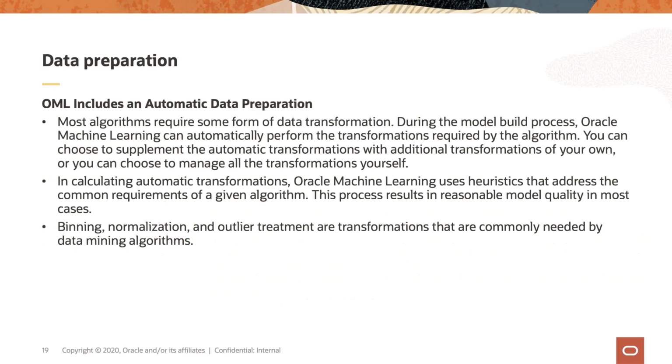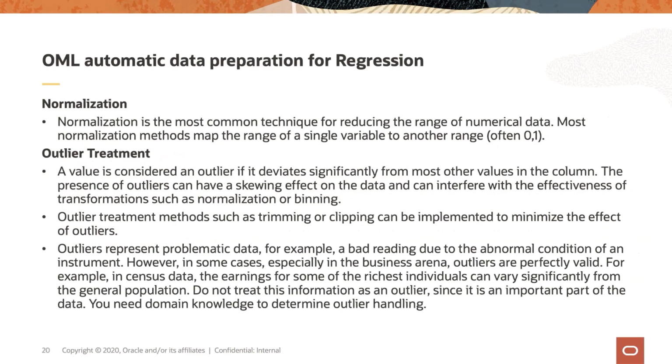And in particular for regression, what we're going to do is normalization. We're going to normalize all of the numerical values between a range of 0 and 1, typically, to make sure that you can work with these different ranges. Now, in terms of outlier treatment, a value is considered an outlier, of course, and we've got to make sure that we work with them.